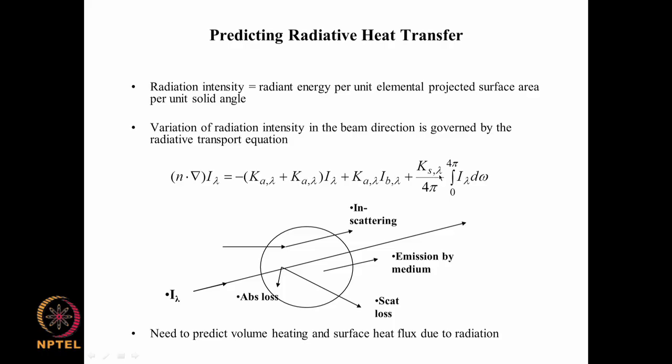So you have very special methods that are used to solve this equation, and if you want to do radiation heat transfer properly, unlike in the case of conductive and convective heat transfer, we have to solve an extra equation which is extremely difficult to solve in the conventional CFD framework. So you have to do this, and only then can you get a proper treatment of heat transfer in high temperature flow situations, as in the case of furnaces and boilers and those kinds of things. We have to consider this.